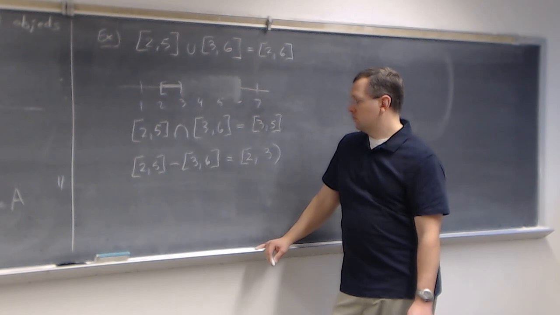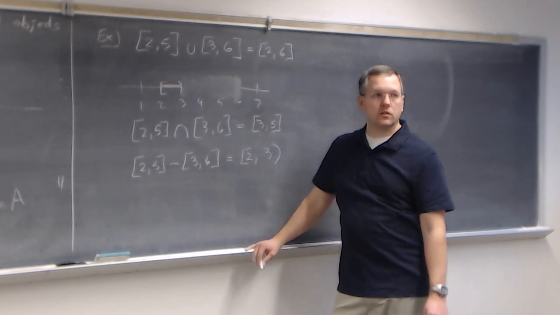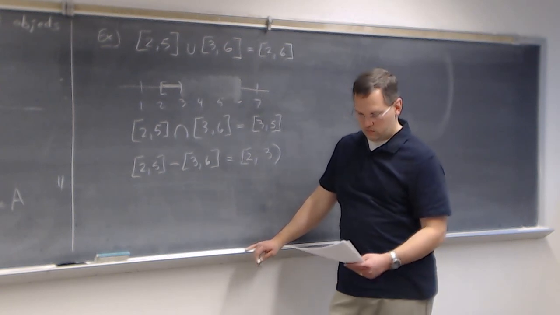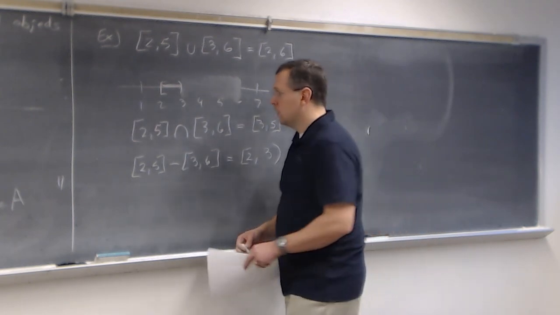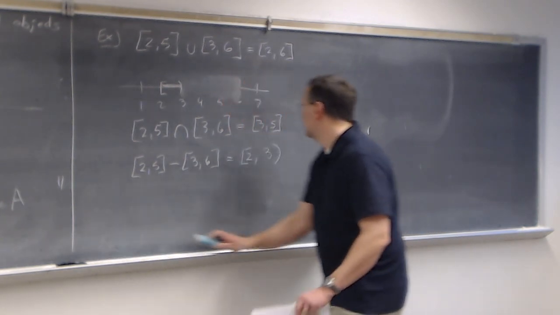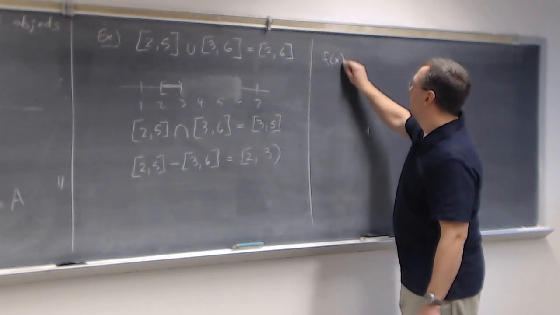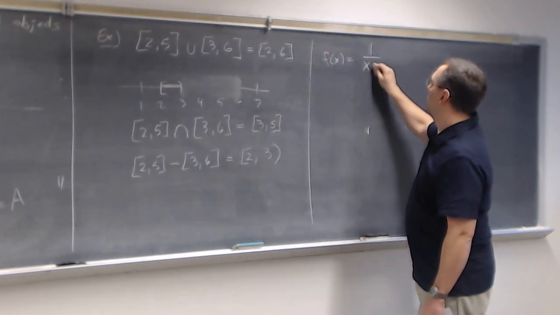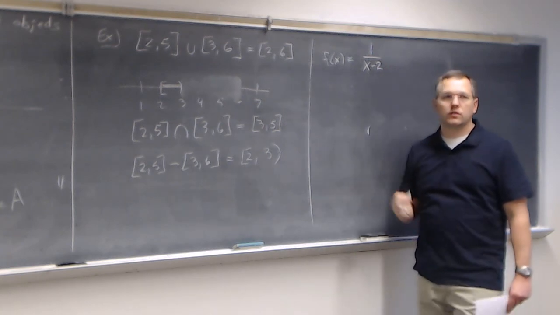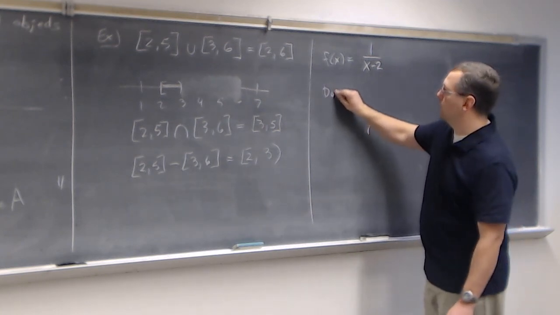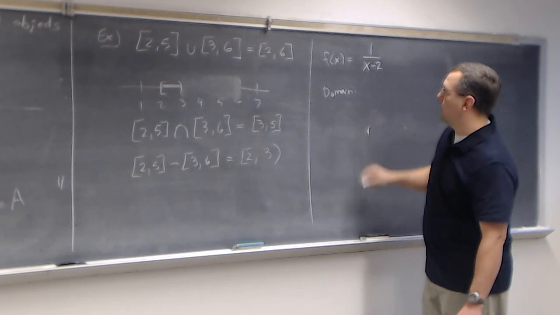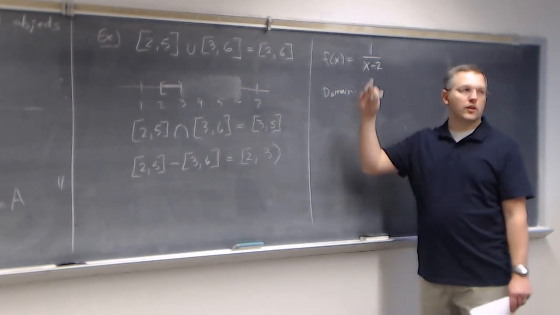Okay. Any questions? You've probably seen functions like y equals 1 over x minus 2, for example. The domain is the set of all x coordinates that you're allowed to plug into the function.